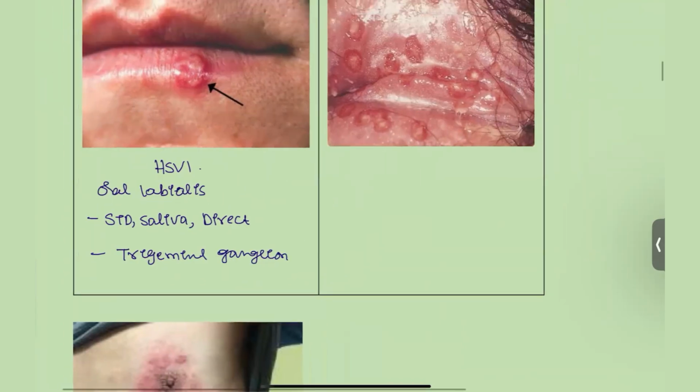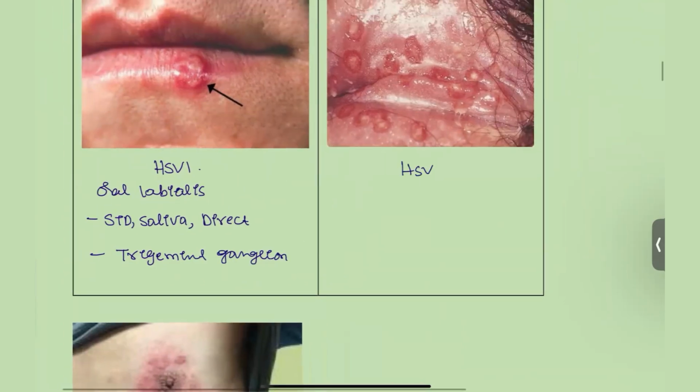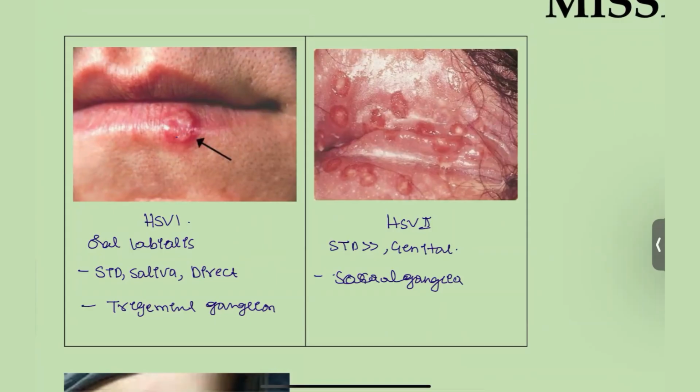Genital herpes is caused by HSV2, and it is most commonly an STD, seen only in the genital regions, transmitted by sexual contact or perinatally. Very painful vesicular lesions are seen, and the ganglia involved is the sacral ganglia. Both are very painful conditions for the patient.